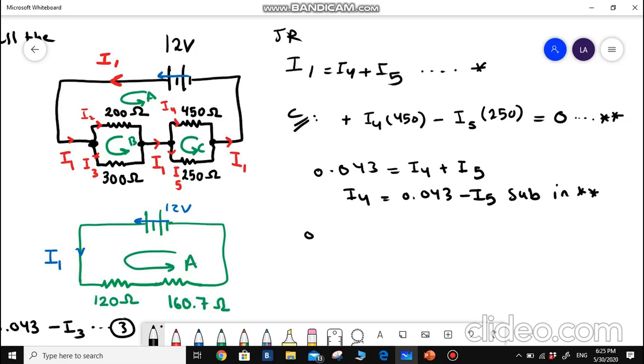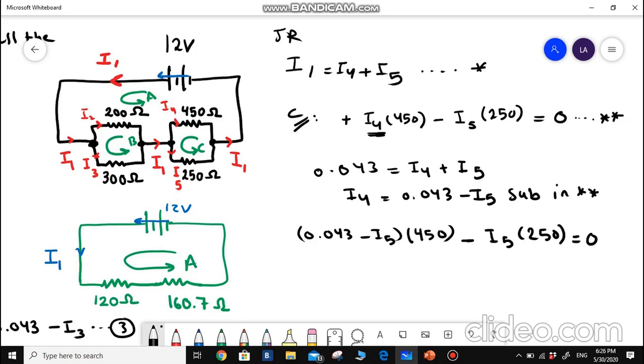So 0.043 minus I5, it's just long math, but it's not hard, multiplied by 450. So this is the value of I4. I replaced I4 here by the value that I got from the equation star, minus I5 multiplied by 250 is equal to 0.